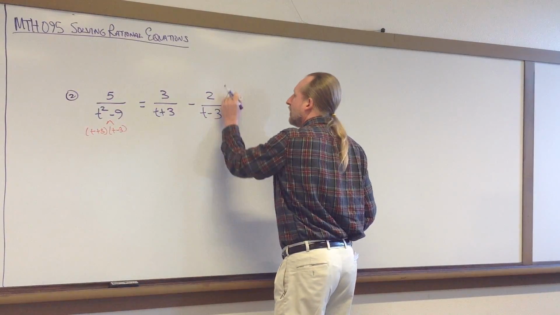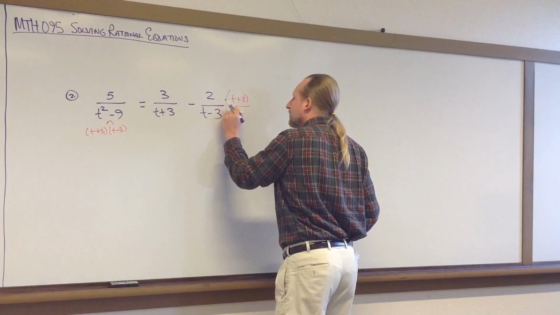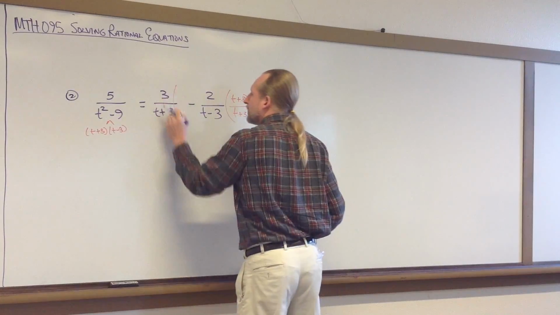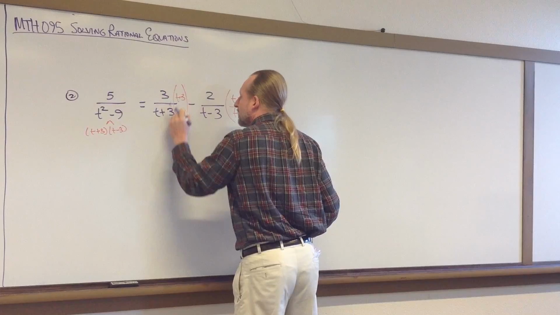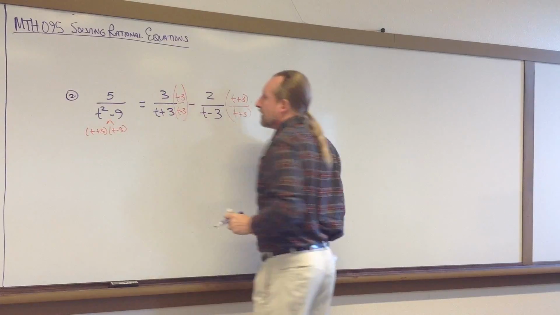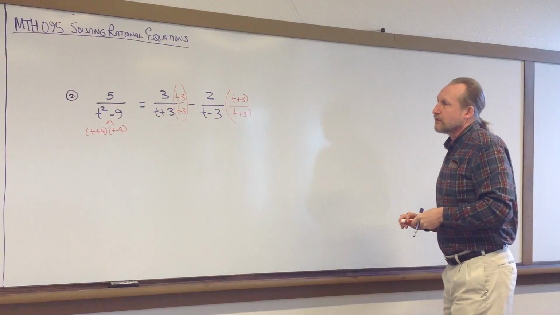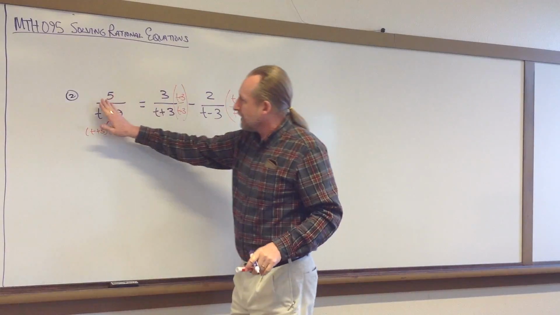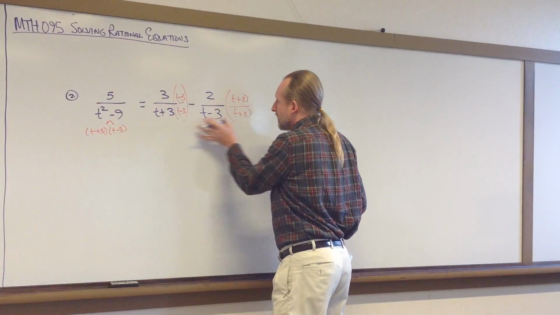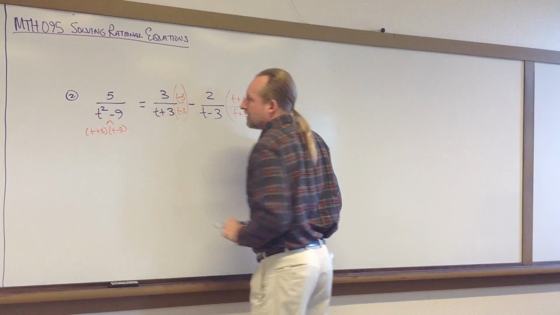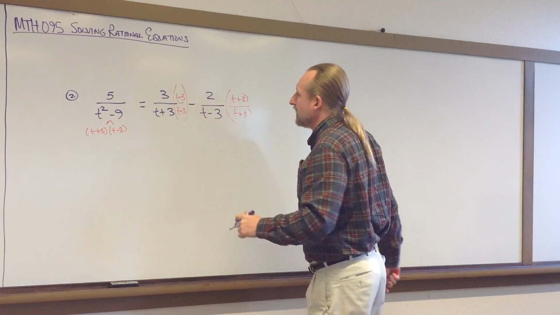Over here, I'm going to multiply this fraction by t plus 3 over t plus 3, and multiply this one by t minus 3 over t minus 3. Okay? So again, this one doesn't change. We're creating a common denominator that's equivalent to that is t squared minus 9.